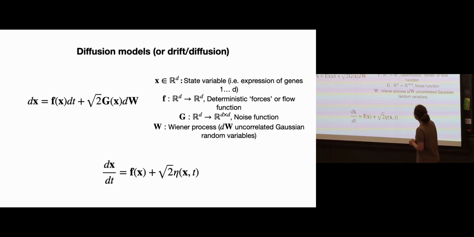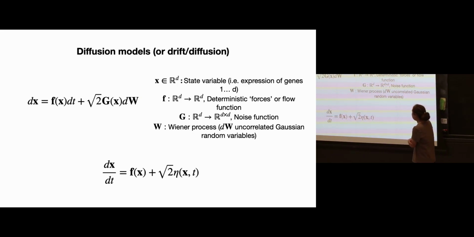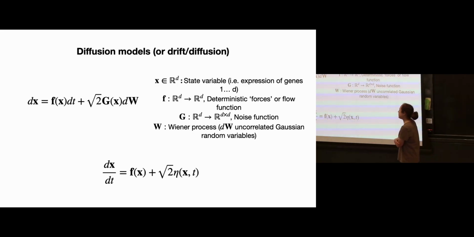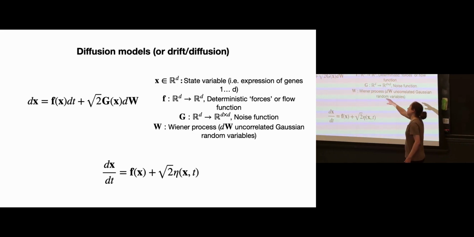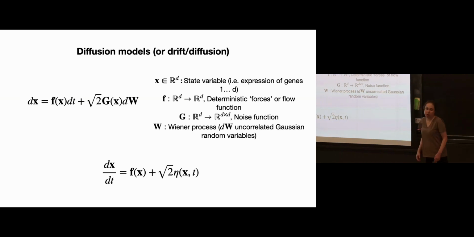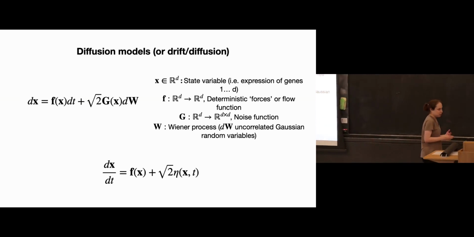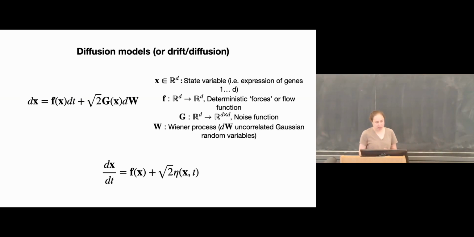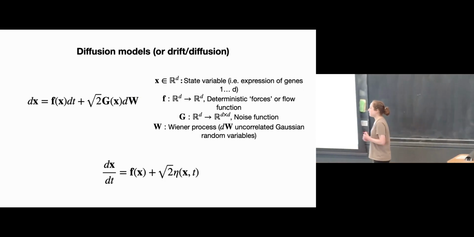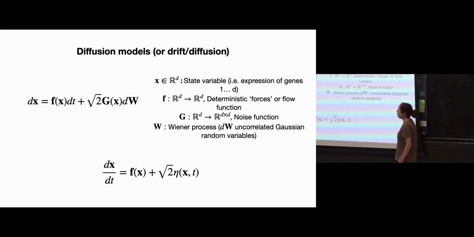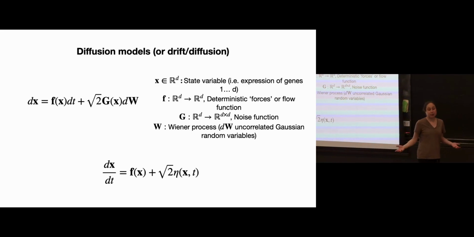And then W is a standard Wiener process, which simply means that at each little time increment you choose a Gaussian random variable, and G is a noise function, which again can have some correlation structure if you like. In general, G could also depend on the state of the system.